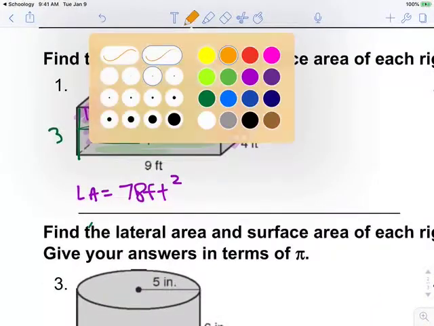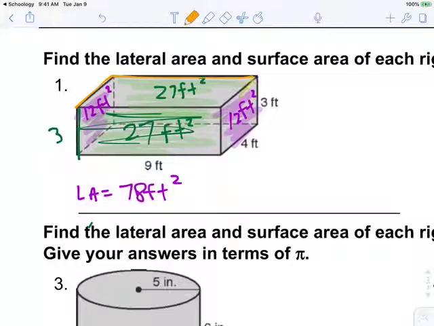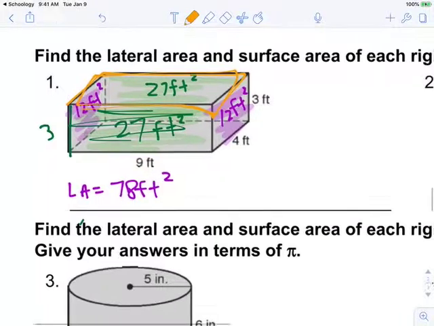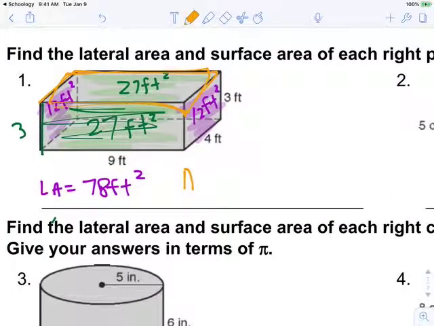The last thing I have to do is calculate this orange top. And I could do the bottom too, but aren't they going to be the same? So let's calculate the top and bottom. Area of the bases. That's going to be 2 times, well, let's see. What's the dimensions of that orange rectangle? And sometimes it helps to draw it off to the side. What's the length of it, the longest side? 9.